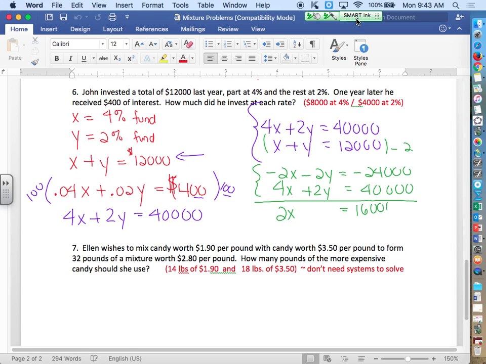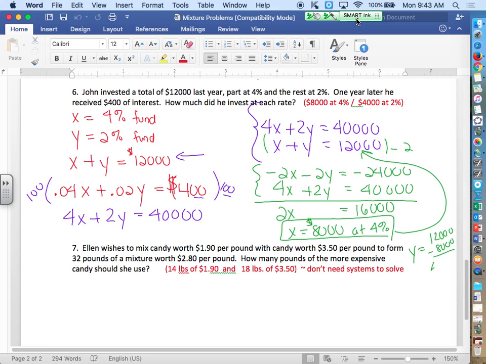This will give me 16,000, 24,000 from that 40,000. Divide by 2, we'll get x is 8,000. So $8,000 at the 4% interest rate. If I plug that back into that equation there, y would be the 12,000 minus the 8,000, which would give us $4,000 at the 2% interest rate.